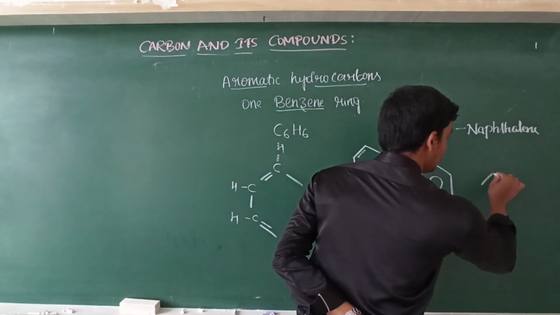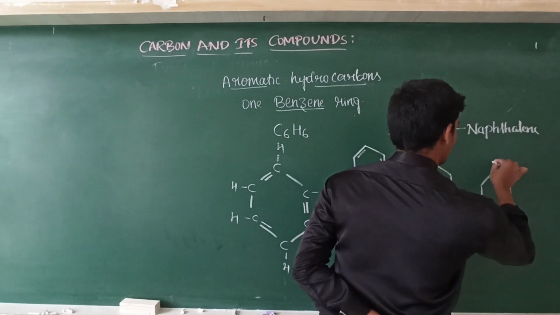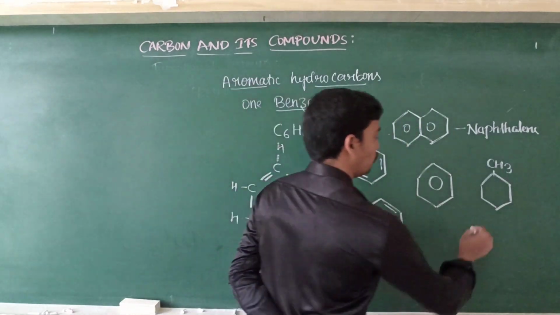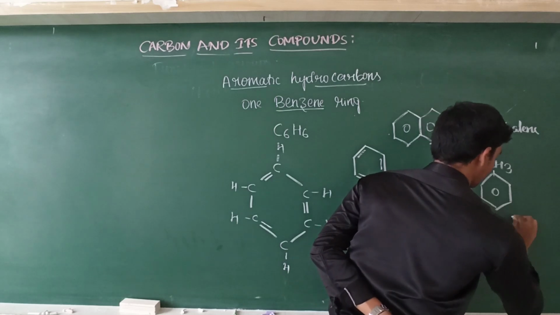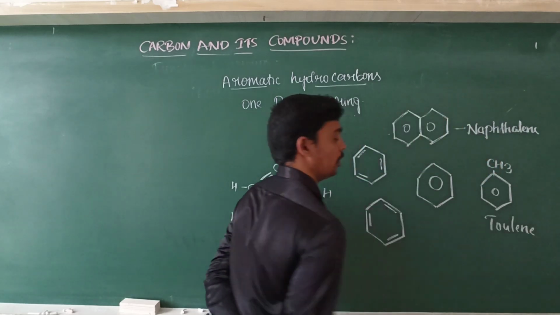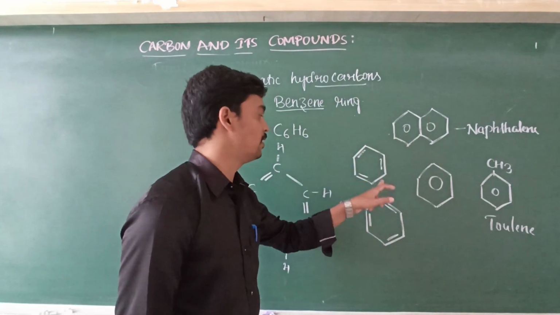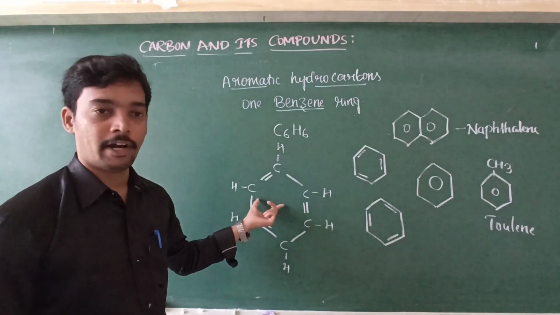Otherwise, if one benzene ring is attached with a CH3 group, it becomes toluene. Okay, these are the aromatic compounds. At least they have one benzene ring in their structure. Okay, this is regarding the aromatic hydrocarbons.